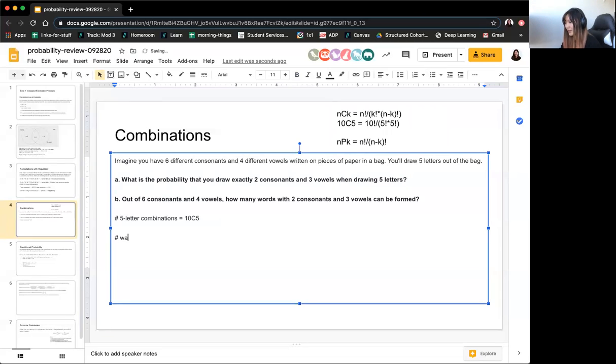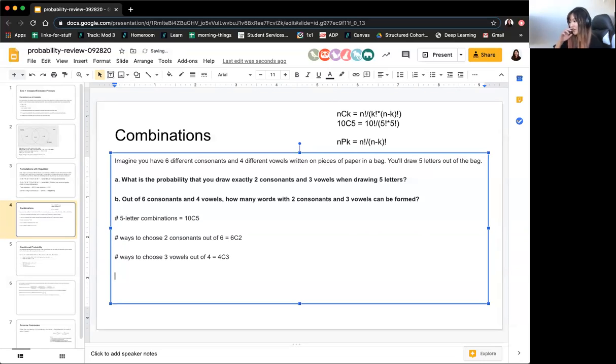The number of ways to choose two consonants of 6 is equal to 6 choose 2. And very similarly, the number of ways to choose 3 vowels out of 4 is 4 choose 3.